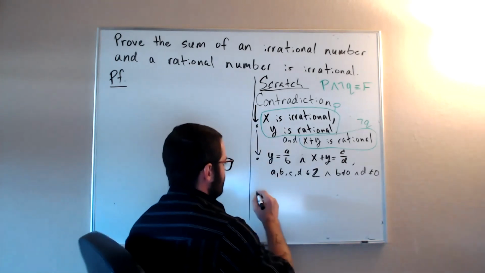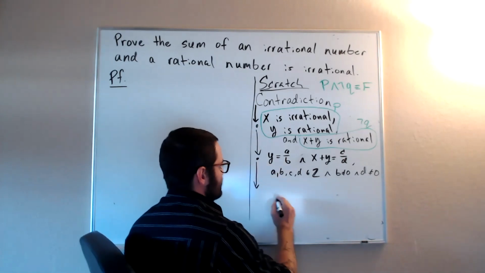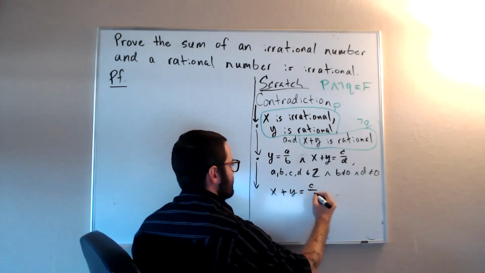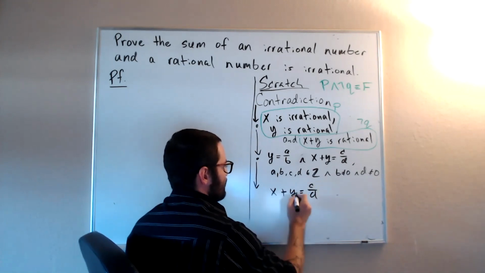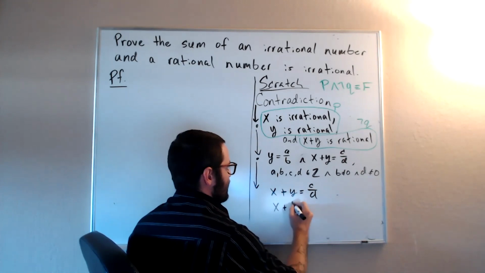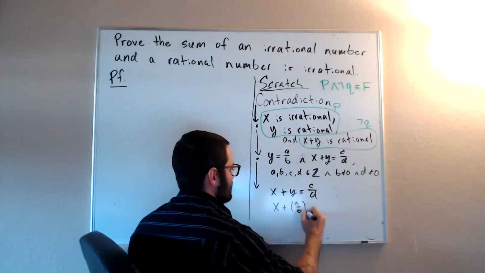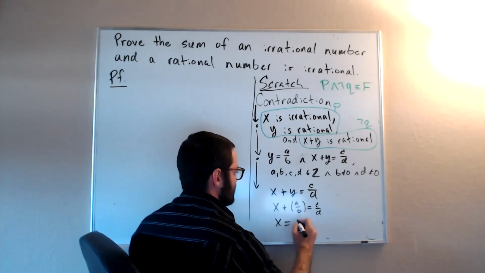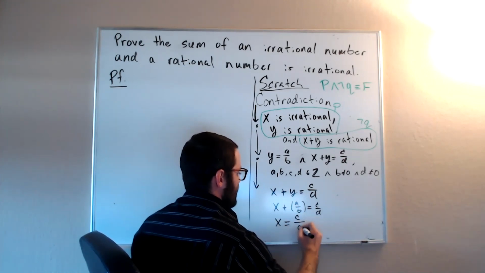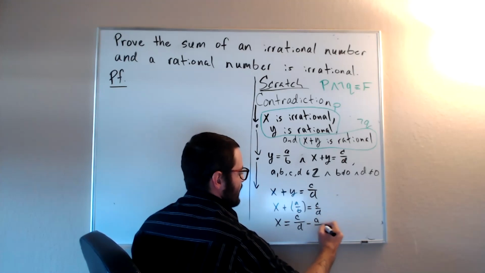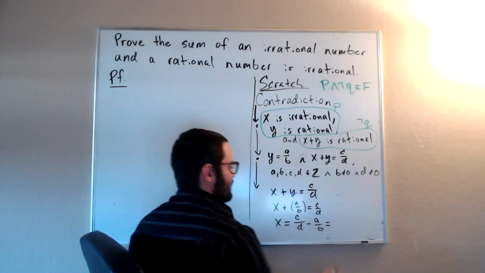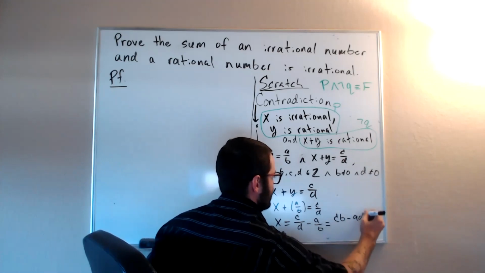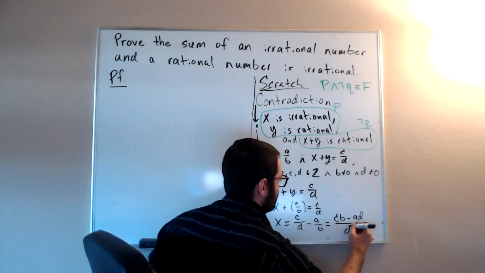So the way that we can do this here is we can say, so x plus y is equal to c over d, but we can replace y by a over b, which means that x is equal to c over d minus a over b, but that's equal to cb minus ad all over db.